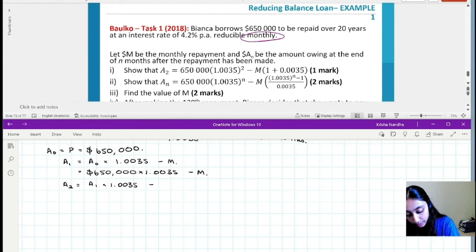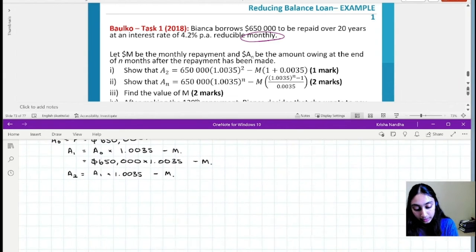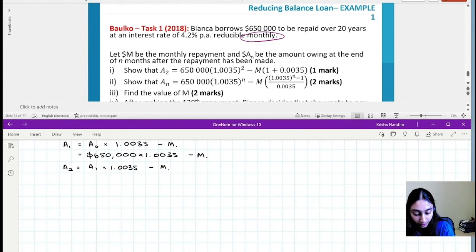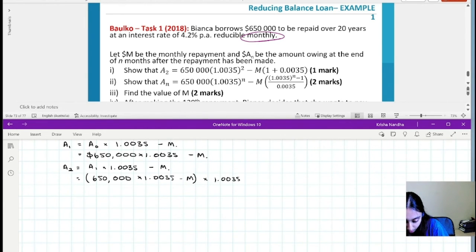And then at the end of the month, we're subtracting M. Okay, so it will be equal to 650,000 times 1.0035 minus M, all times 1.0035 minus M.